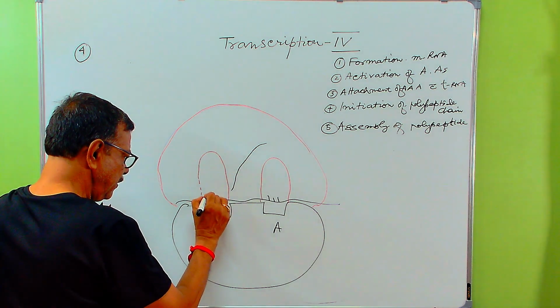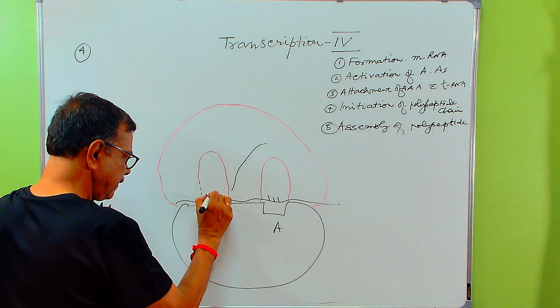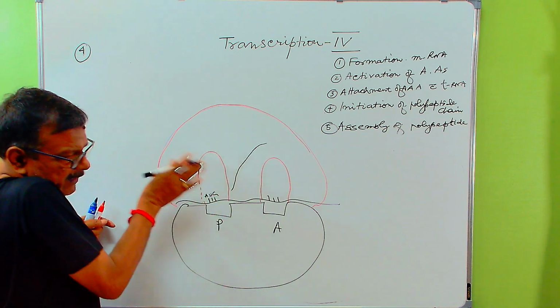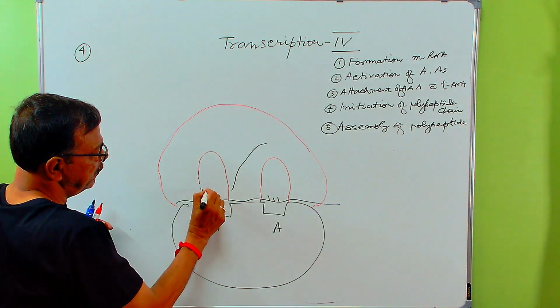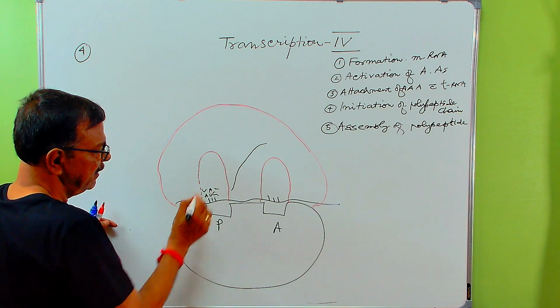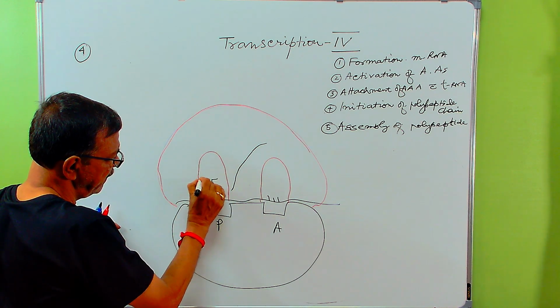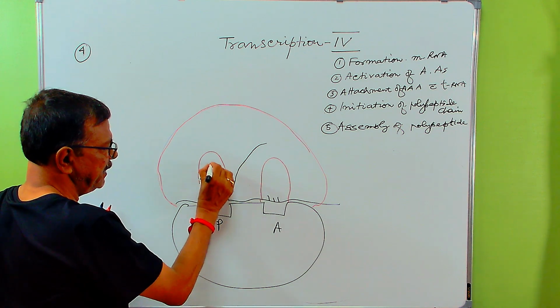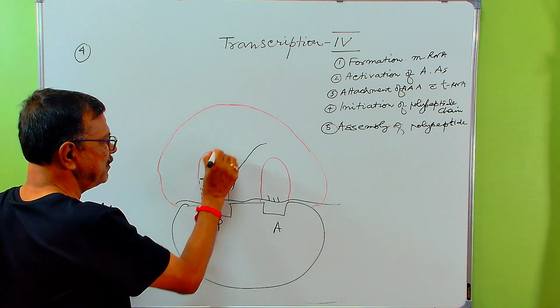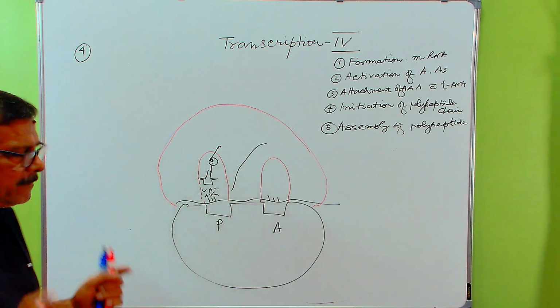Okay, so it will have AUG, and the anticodon will be UAC, and the tRNA will have methionine. This methionine is produced, clear?